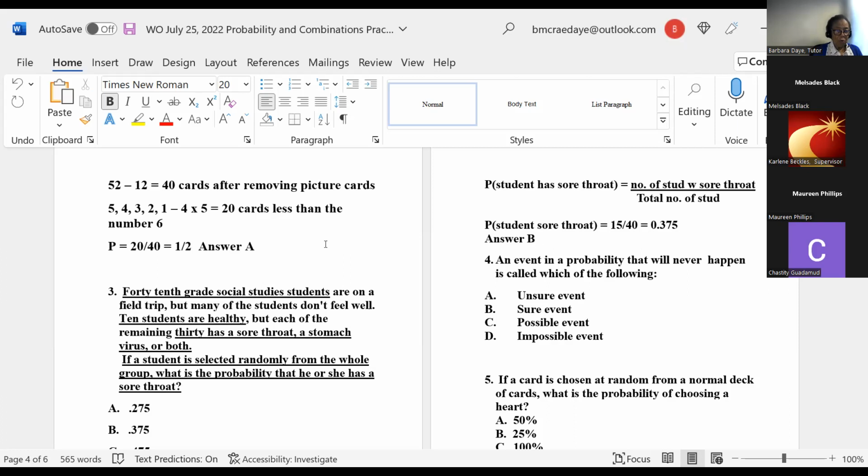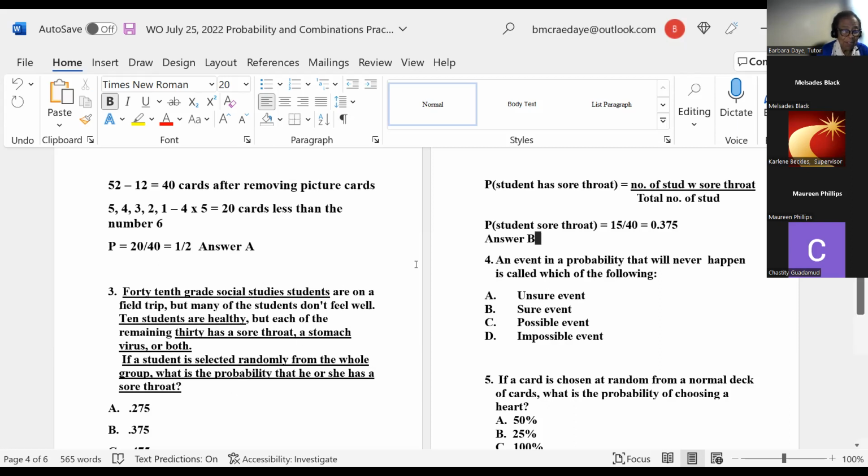Number 4, Maureen, read it. An event with a probability that will never happen is called which of the following? An impossible event. That's right, an event with a probability that will never happen is an impossible event.